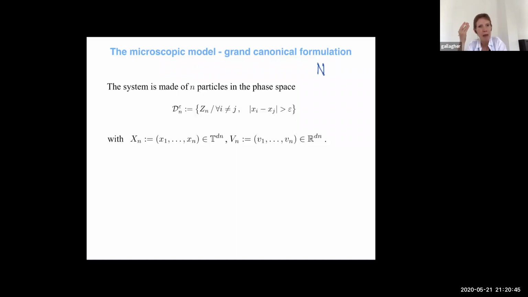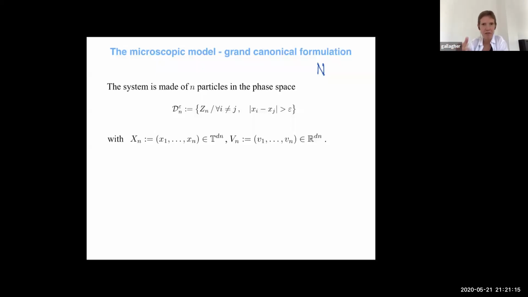Now, for a mathematical reason, and also maybe for a physical reason, there's no reason to fix N. Mathematically, if you fix N, then you create some correlations essentially in your particles because you're saying their number is fixed, and that creates some correlations between them, and you don't want that. So we're not going to fix N. And from a physical point of view, anyway, you don't know exactly how many particles there are, I guess. So it's reasonable to say that N is not given. It's some parameter which I don't know.